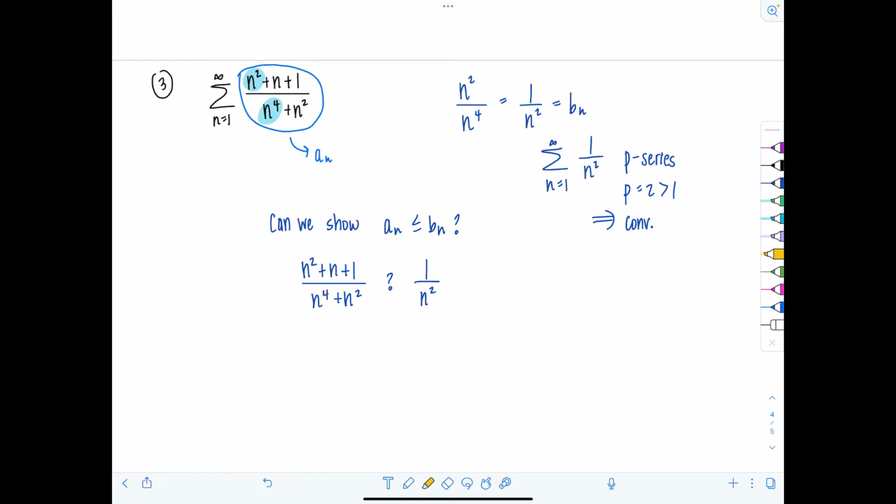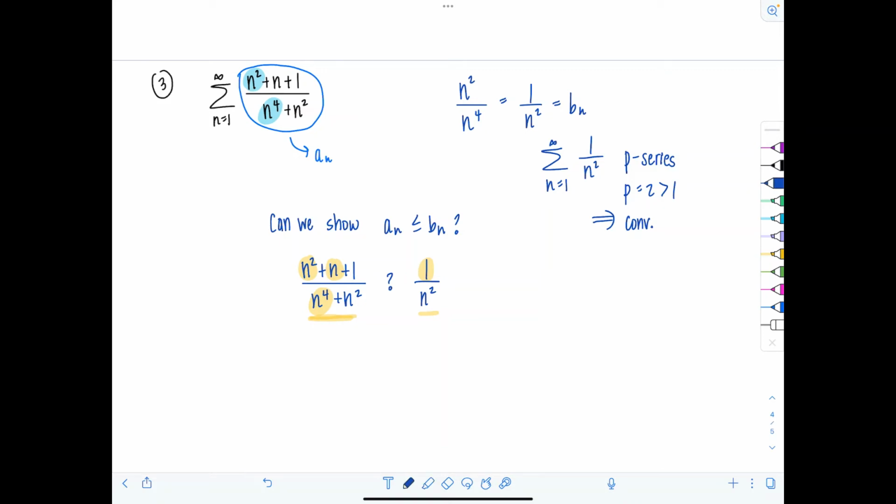I don't know, because I have this extra term in the denominator, so I could say this denominator is bigger than this one, which would make the expression smaller. But then we have more stuff in the numerator, which makes it bigger than this numerator. So it's not really clear. It's not a simple inequality to show. In fact, I don't even think we can do it.